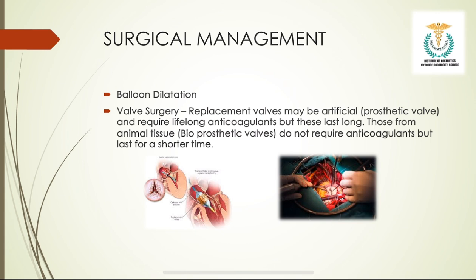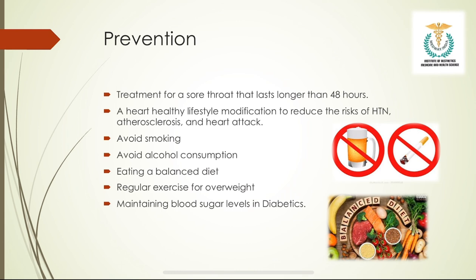This prosthetic valve is better than the animal tissue valve, that is the bioprosthetic valve, which will last longer. The bioprosthetic valve from animal tissue does not require any anticoagulants, but it will not last as long. So these are the two surgical procedures we do to manage the VHD condition.